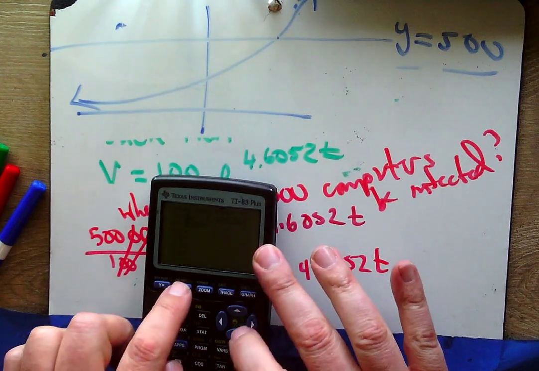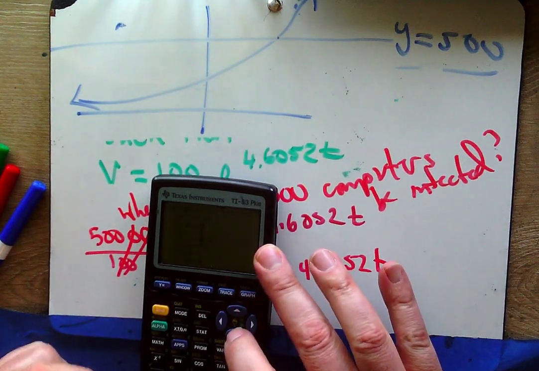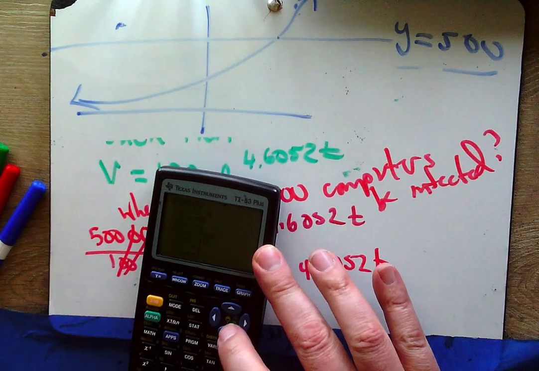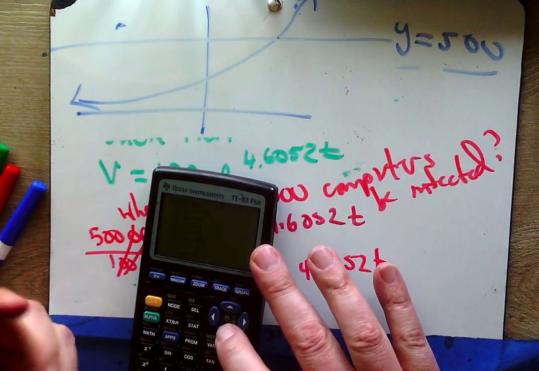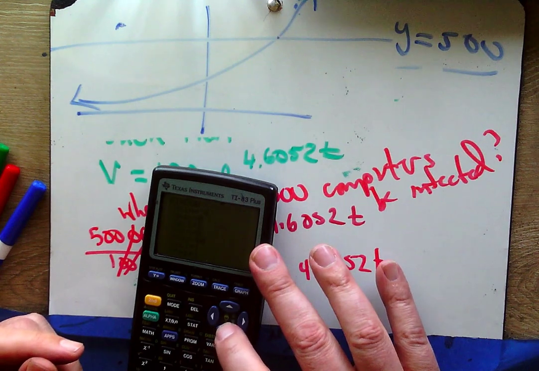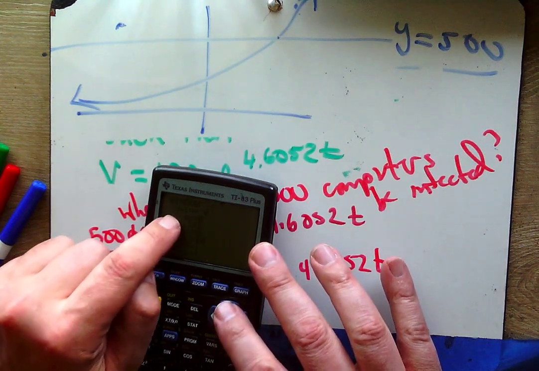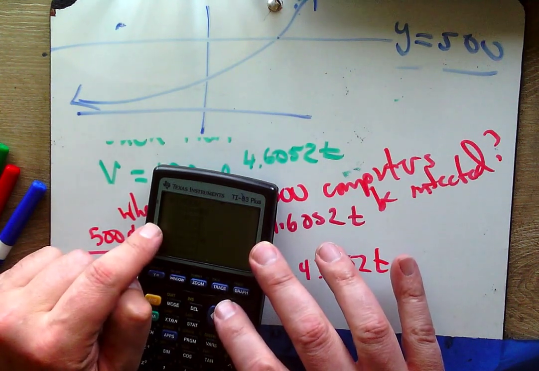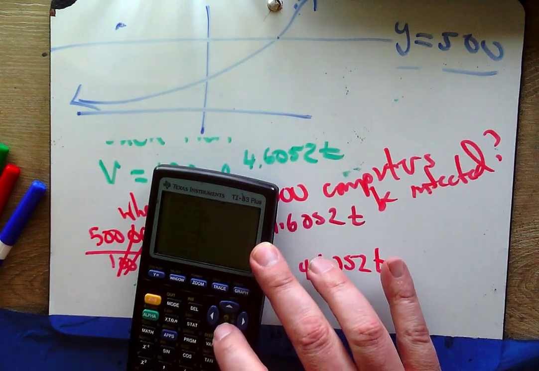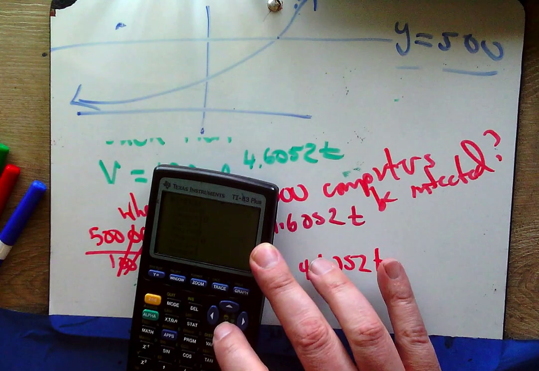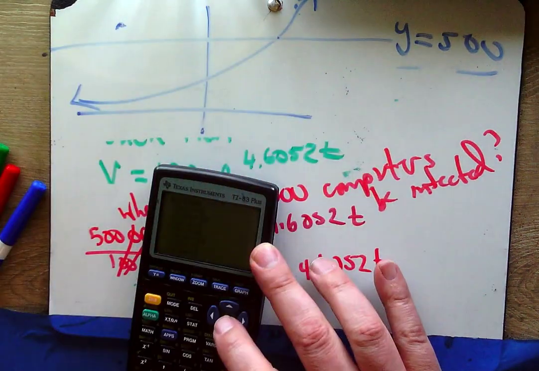So I think I'm going to change my viewing window. I don't need negative time. I don't know if this is going to be from 0 to 10 years, so I think I'm going to leave that. Sorry, 0 to 10. And then here, y minimum of 0, going up to at least 500.